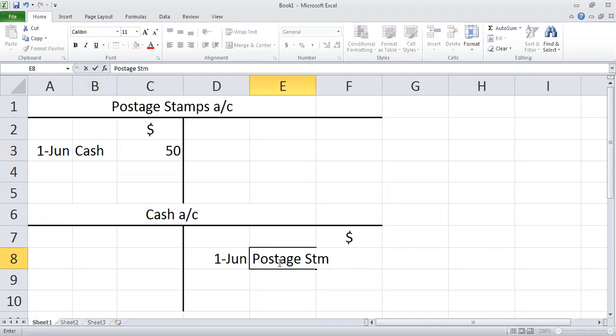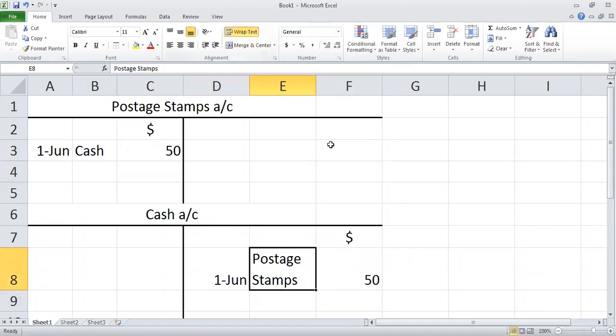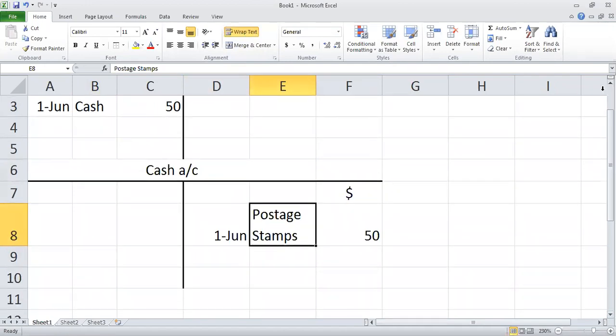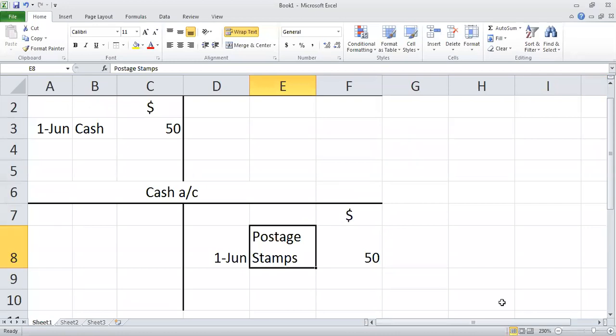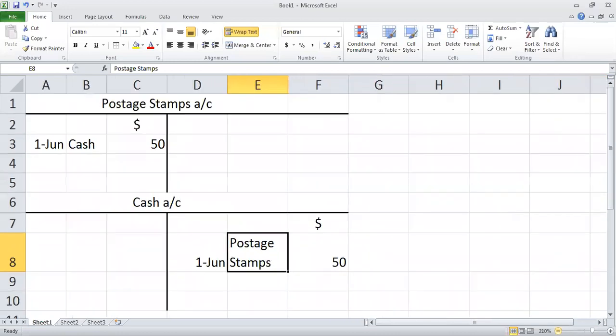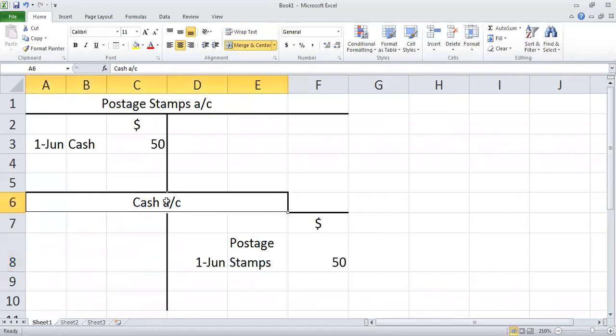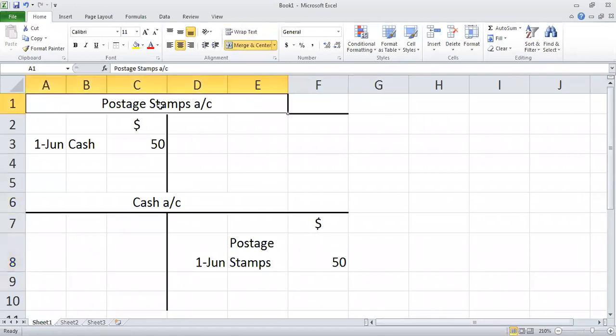Because it is coming from the postage stamps account, right? That's that. Good? Does everybody get it? Talk to me. You get how I did this? All right, that's the first transaction. Good?